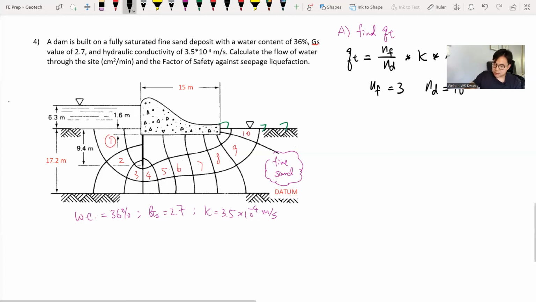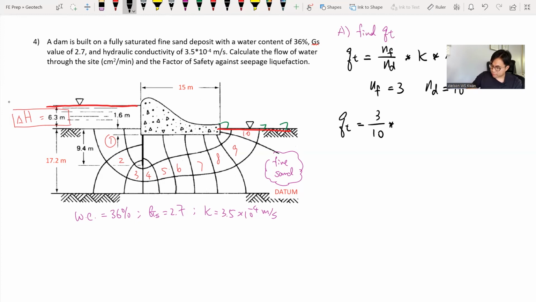In this case, the upstream water level is right here, and the downstream water level is there, and the difference is 6.3 meters. So now we have all the information we need for the equation. So you plug it back in. N sub F equals 3, N sub D equals 10.